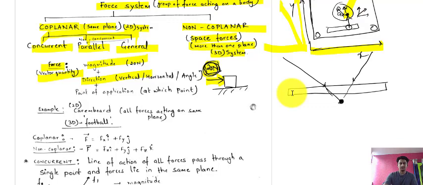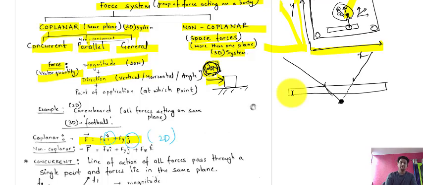Now, coplanar forces. When talking about coplanar forces, you can add the forces by the summation of Fx i vector plus Fy j vector, because it is a 2D system here. In case of two dimensions, you will only be talking about two directions, either x axis or y axis, or z axis or x axis.